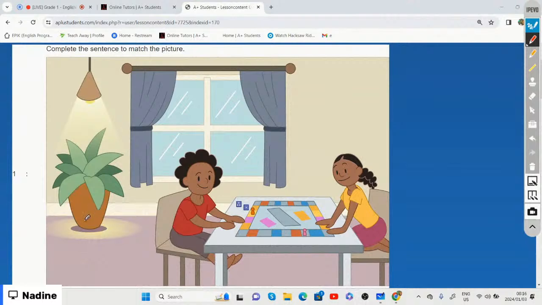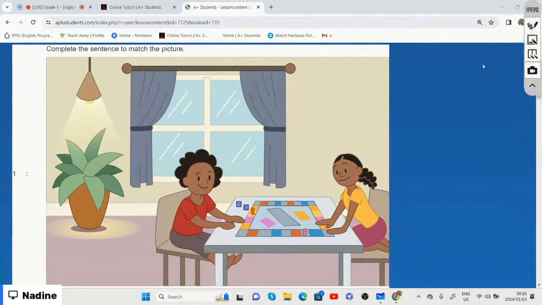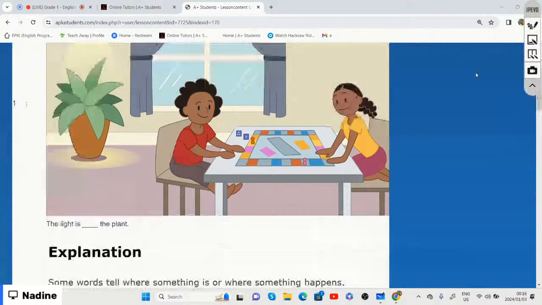So basically here we have the plant. So this is the plant. And over here we have the light. So if we look at where the light is compared to the plant, so the light is the plant.